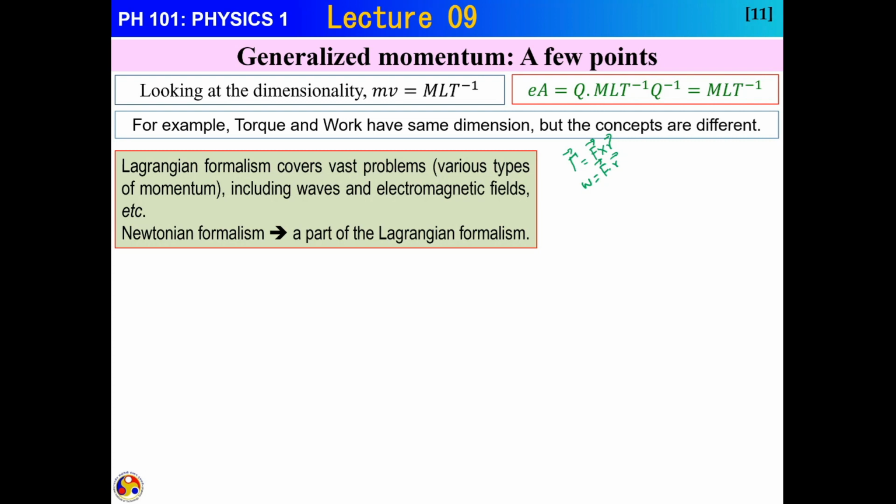So that is where you have to be careful when you deal with a generalized system, which involves a variety of types of momentum, for example, in the area of waves, electromagnetic fields, etc. So the Lagrangian tells us that you need not have only the mechanical type of momentum coming in; to make a real explanation, additional factors come in to cover the complete momentum concept, which is said to be generalized momentum.